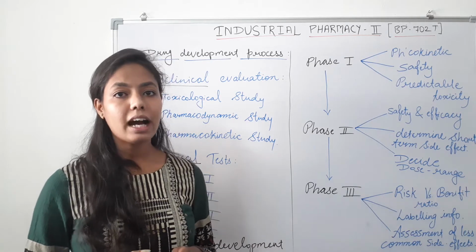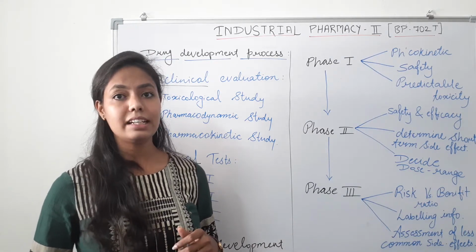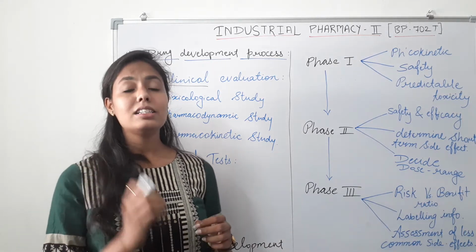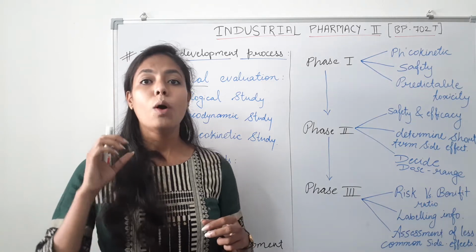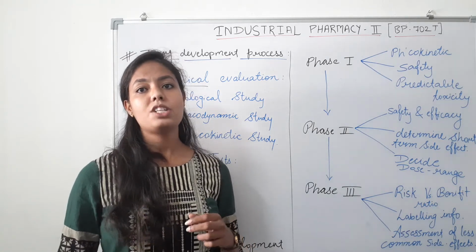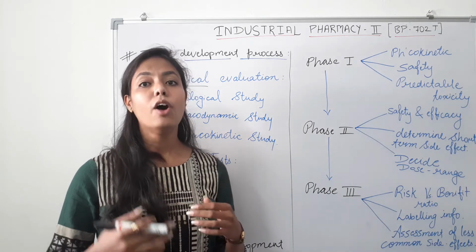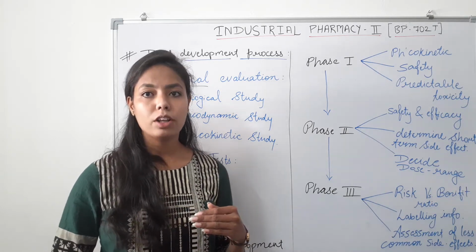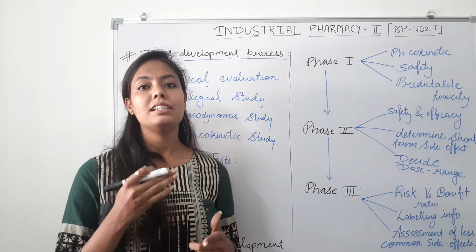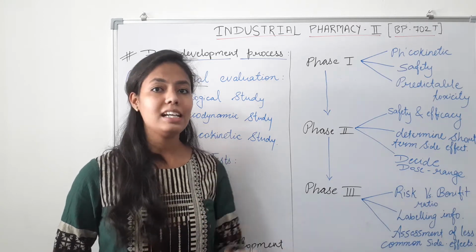If we talk about carcinogenicity, this toxicity study is to check the carcinogenic potential of the drug. It is conducted when the drug is intended for long-term use, usually 2 species are used and tested for at least 2 years.